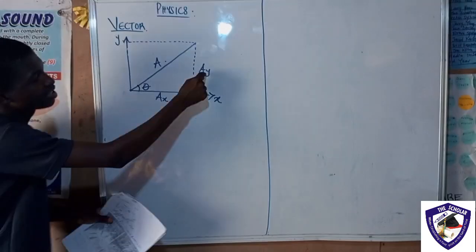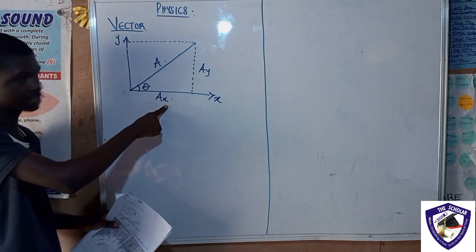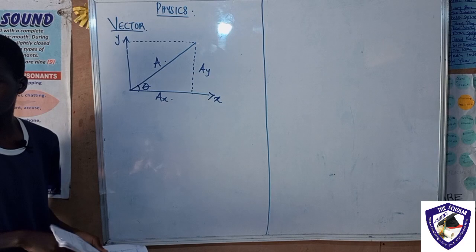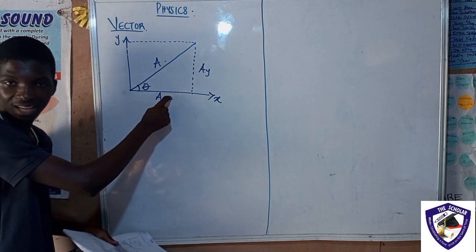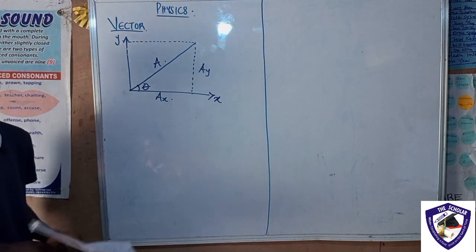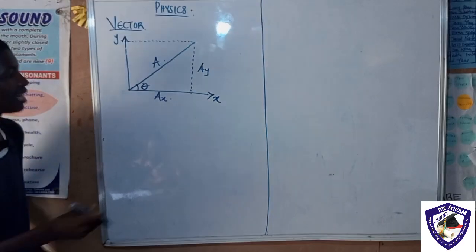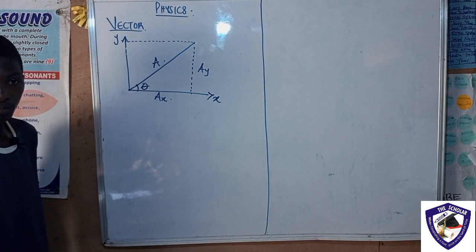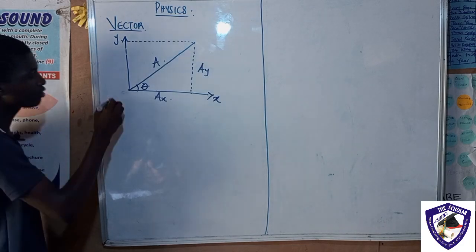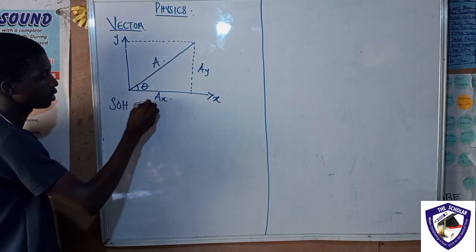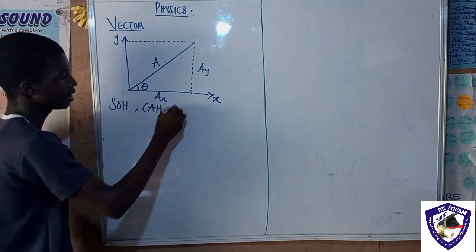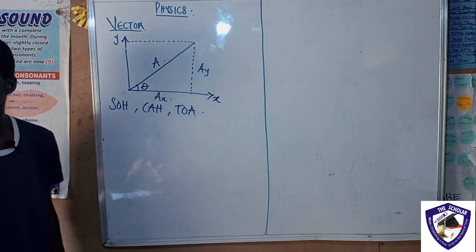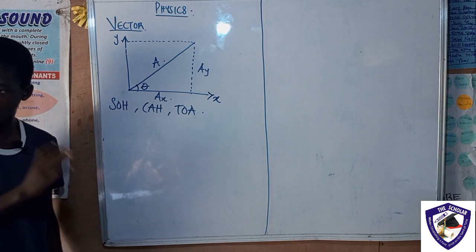If this is my AY and this is my AX and this is my A, using this theta, I want to generate AX and AY. We all have this basic knowledge that opposite over hypotenuse is for sine. We have knowledge of SOH, CAH, TOA. These three things are what we are going to use to generate formulas under this vector.